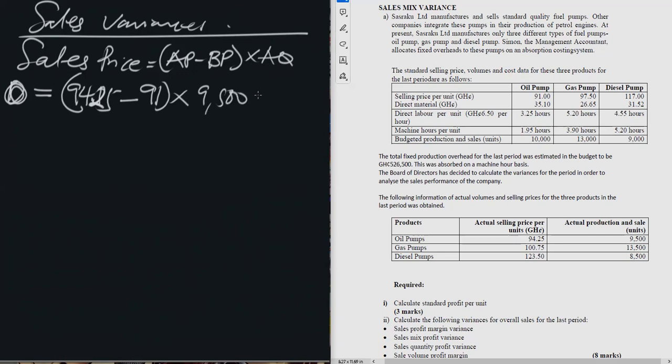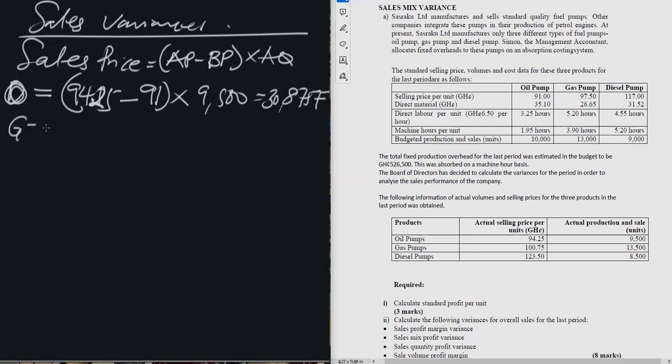So this gives us a favorable variance: 94.25 minus 91, all by 9,500, that means 30,875 favorable for oil pump.